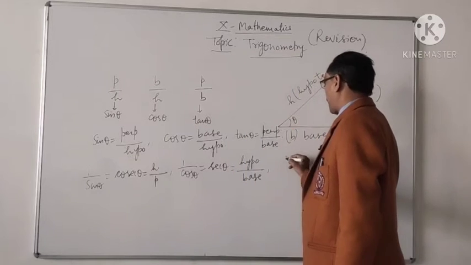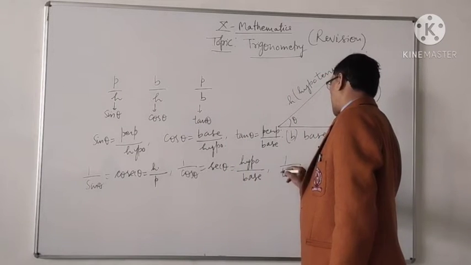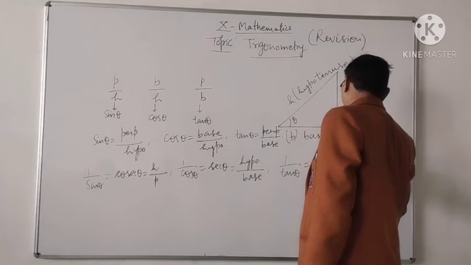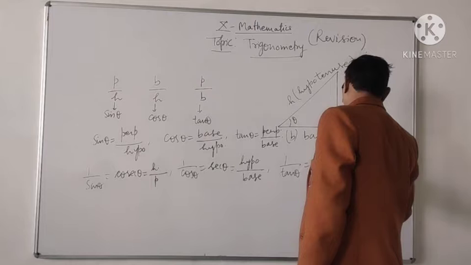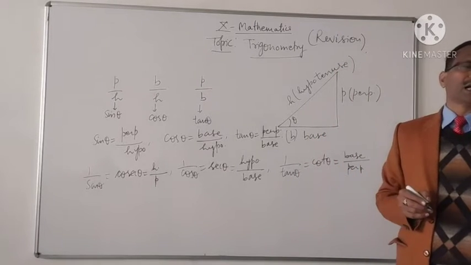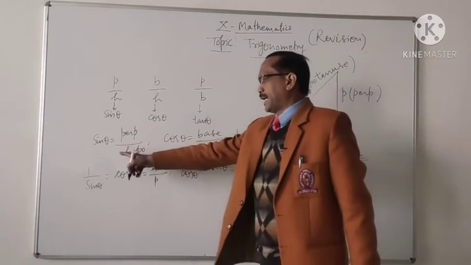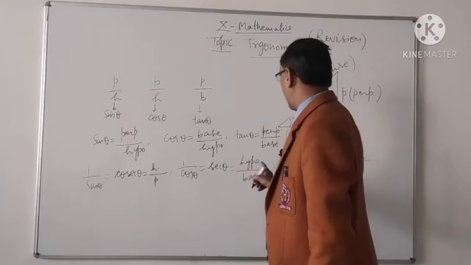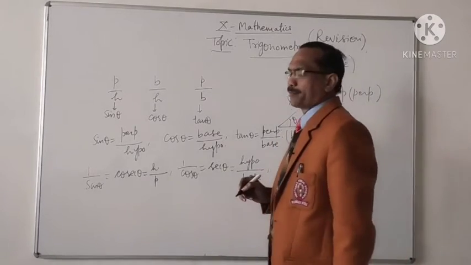And reciprocal of tan theta is called cot theta, which is base upon perpendicular. So student, there are 6 trigonometrical ratios: sin theta, cos theta, tan theta, cosec theta, sec theta, and cot theta.